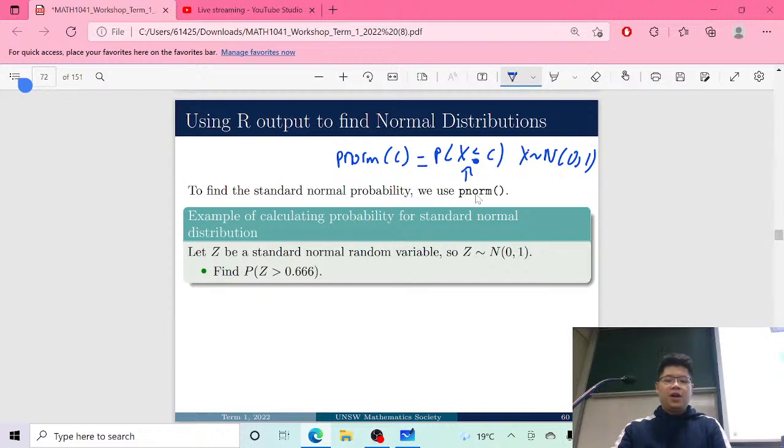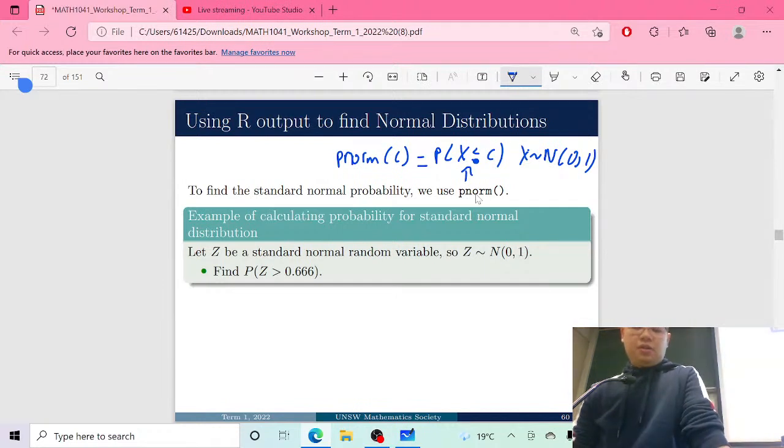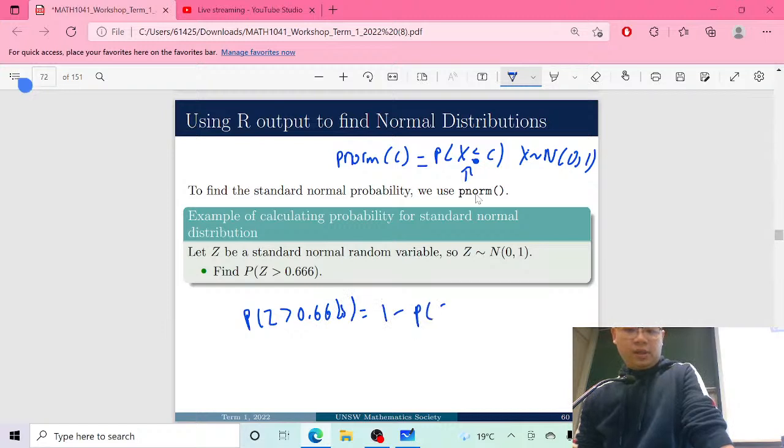So if I were to give you an example, let Z be a standard normal random variable, so Z is characterized by N(0, 1). Find the probability that Z is greater than 0.666. If you remember our probability rule about complements, you can apply the same complement rule right here. The probability of Z being greater than 0.666 is 1 minus the probability of Z being less than or equal to 0.666.